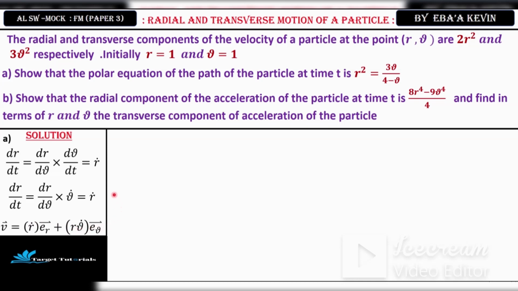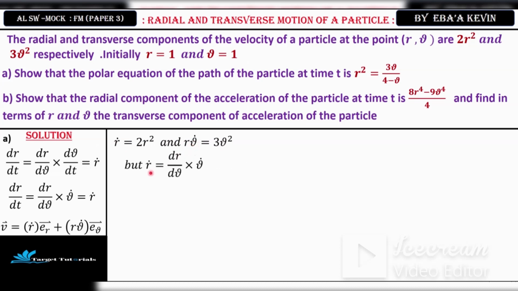For which we can therefore write r dot equals 2r², because in the question we are given 2r² to be the radial component of the velocity of the particle, and rθ dot equals 3θ², because in the question we are given 3θ² to be the transverse component of the velocity of the particle. So we already have r dot. It is just left for us to obtain θ dot.